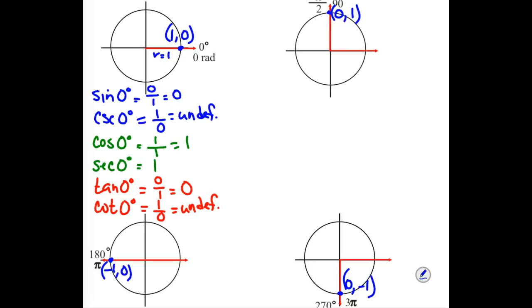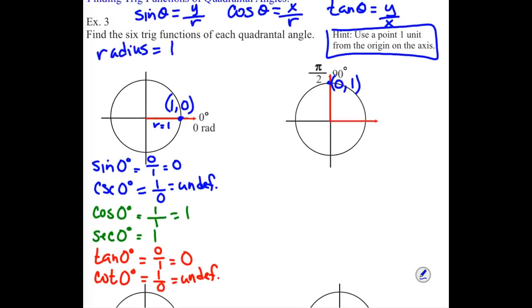All right. Let's look at our 90-degree quadrantal angle. Now our x value is 0 and our y value is 1. So the sine of 90 degrees, or pi over 2, is y over radius. Our radius again is 1, so we have 1 divided by 1. The sine of 90 degrees is 1.